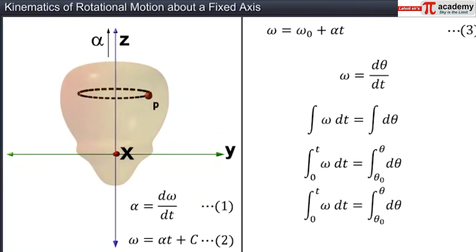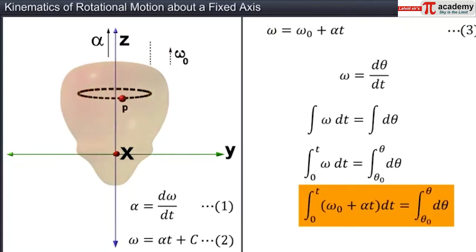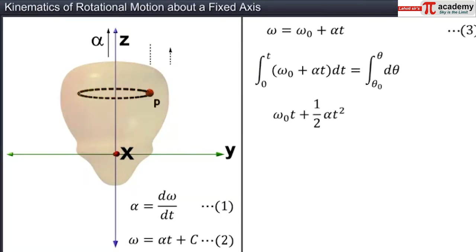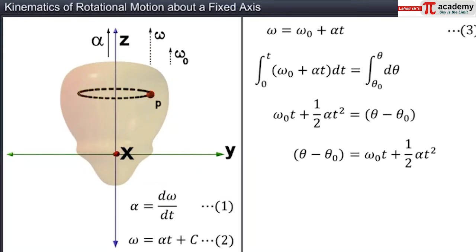Substituting the omega value from equation 3, on further simplification, we get omega naught t plus half alpha t square is equal to theta minus theta naught. Keeping theta on the left, we get theta is equal to theta naught plus omega naught t plus half alpha t square. Let this be equation 4.